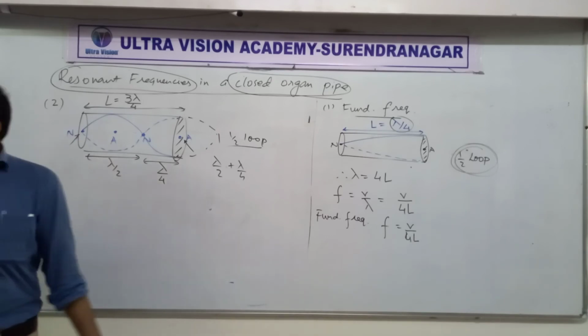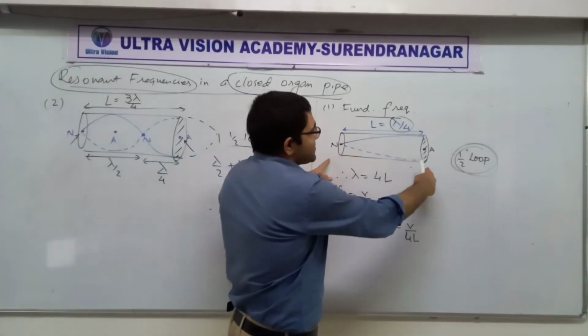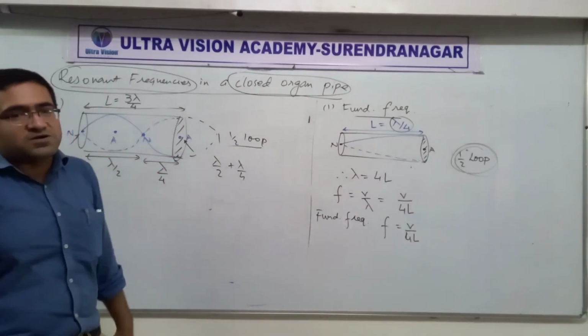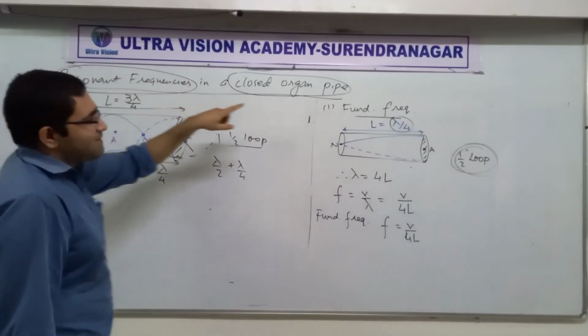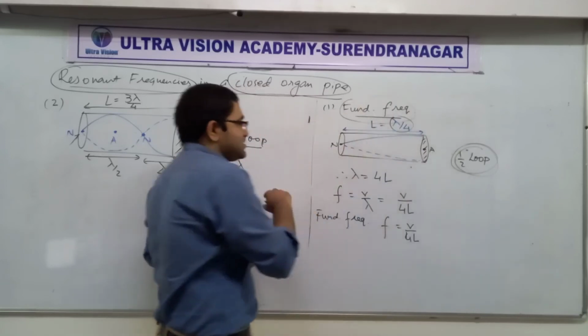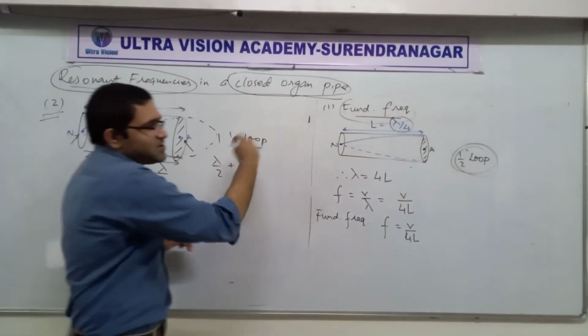Please everyone remember one thing. Some of you might say, sir, how is it possible that here the whole length was lambda by 4 and here only this much length is lambda by 4? Obviously, because we are talking about a different frequency. If frequency changes in the second case, wavelength will also not be the same.